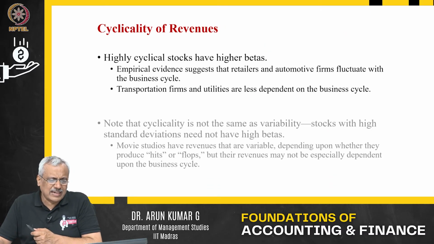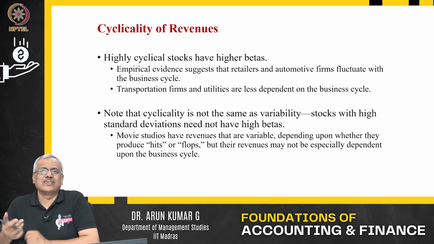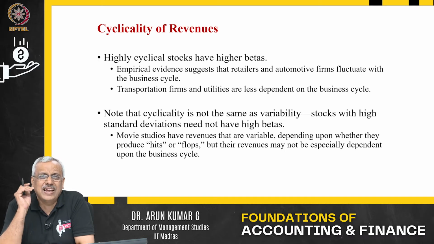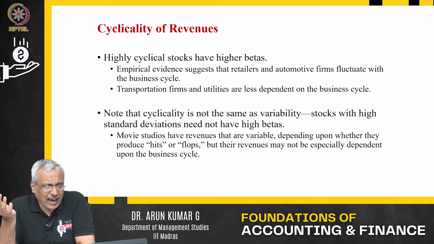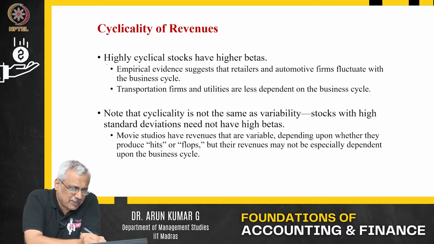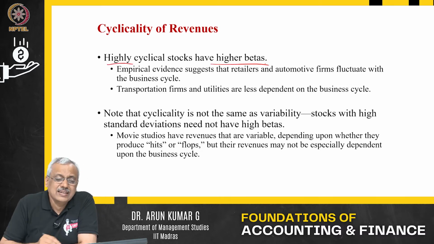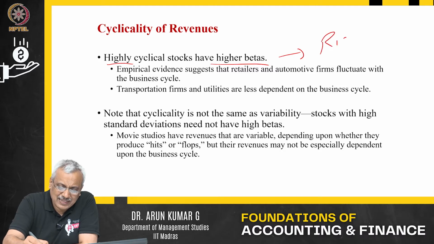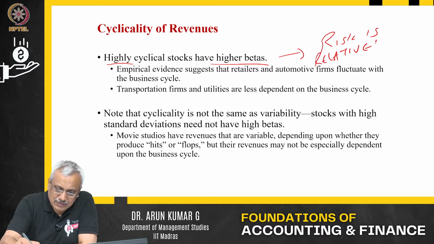I have got some details about the cyclicity of revenues here. I am not going to read out this slide. You can spend some time looking at it, not an issue. Highly cyclical industries will have higher betas, please note, because risk is relatively higher.